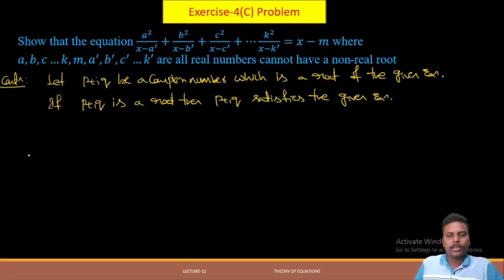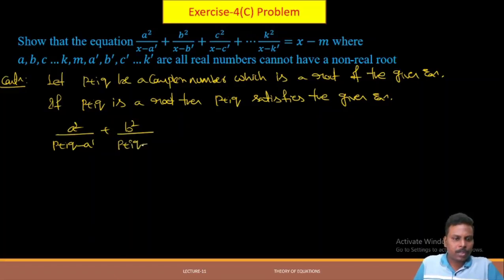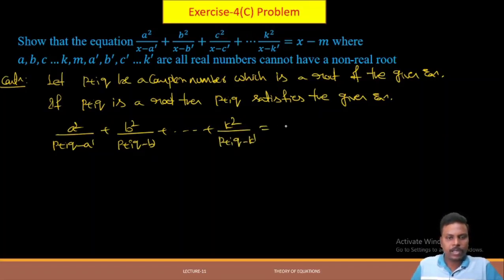So let me substitute: a square divided by p plus iq minus a dash plus b square divided by p plus iq minus b dash, and so on, k square divided by p plus iq minus k dash is equal to p plus iq minus m. Call this equation 2.